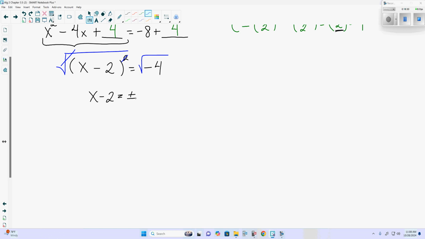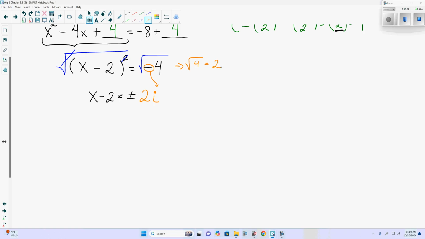Now we need to simplify the square root of negative 4. Now we can do this by seeing that since we have a negative inside the radical, it's going to come out as i, leaving us with the square root of 4. And the square root of 4 is indeed 2.